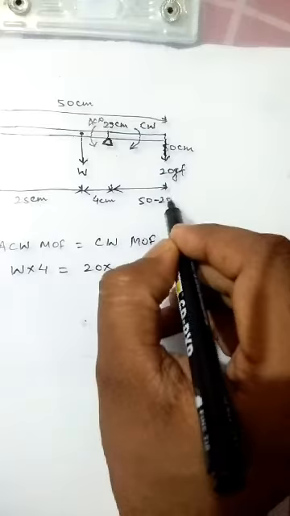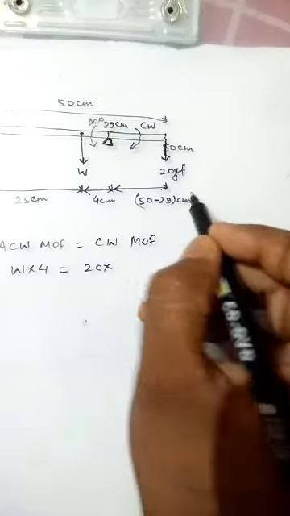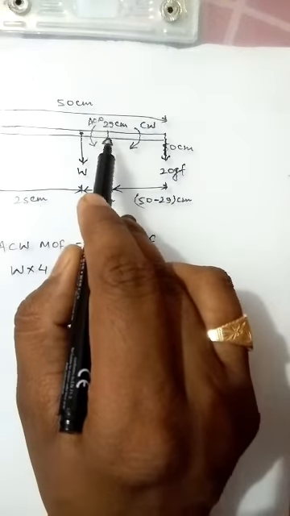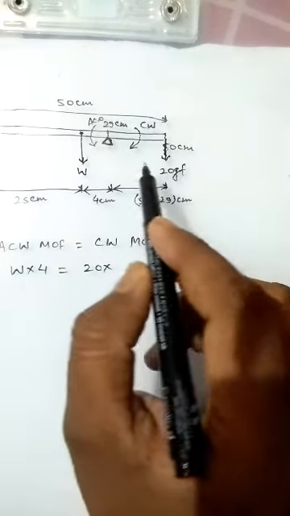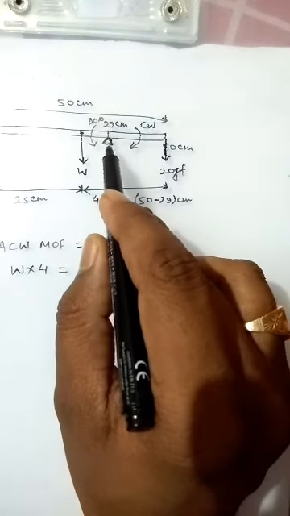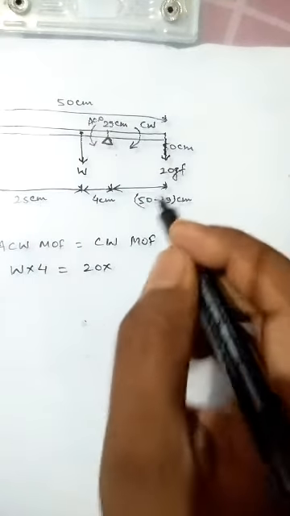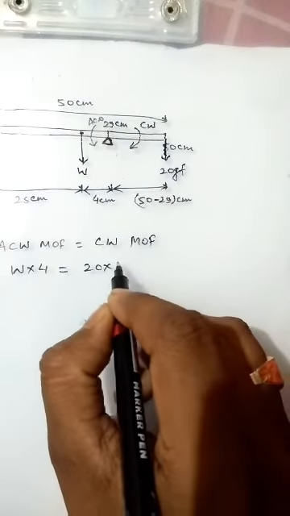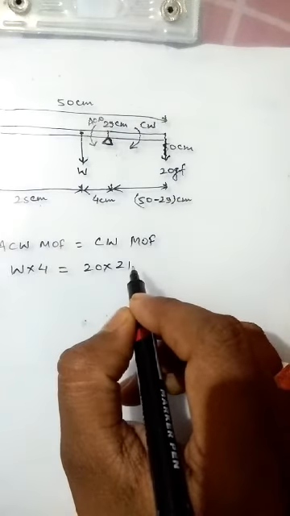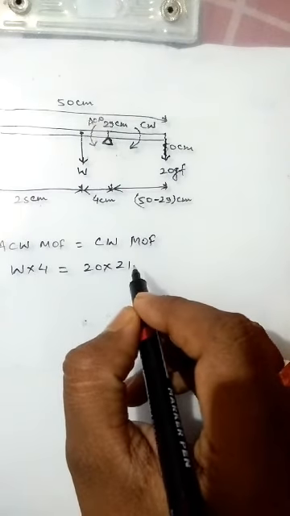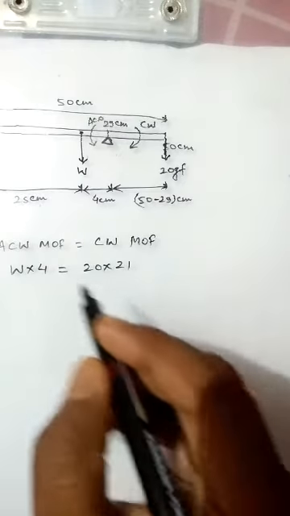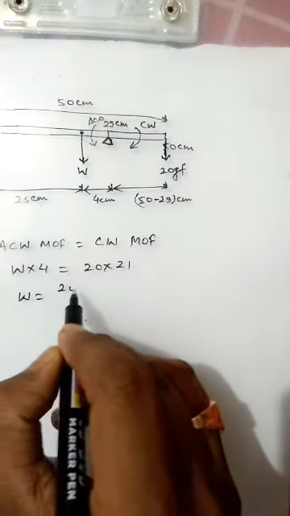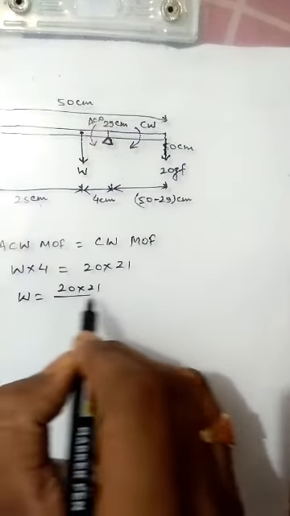50 minus 29 centimeter, from 0 to 29 and 29 to 50. Then the distance between this pivoted end and 20 GF is 50 minus 29, which is equal to 21. Then W will be equal to 20 into 21 upon 4.